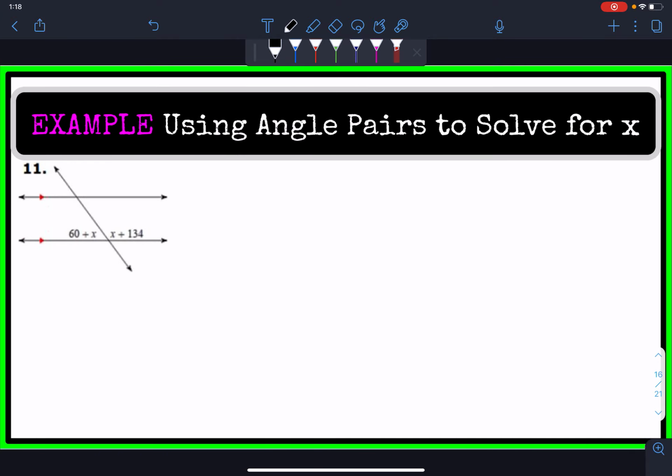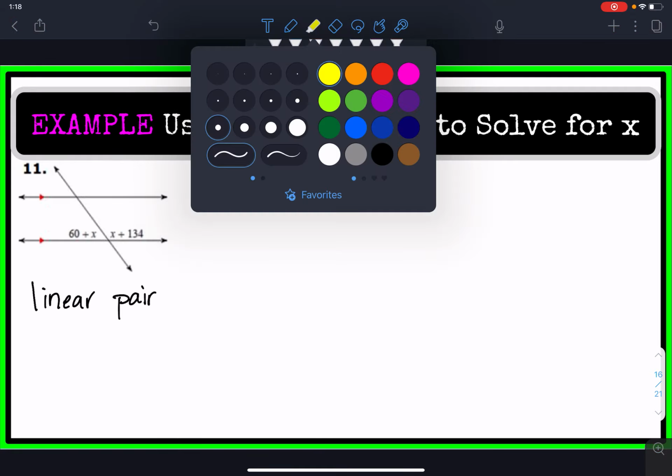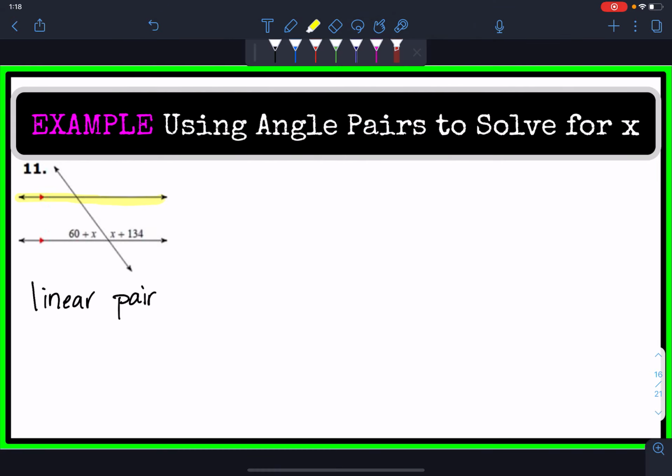For example number 10, this is an example of linear pairs. We have a set of linear pair. Notice that they're both on the inside, but they're not on opposite sides of the transversal, so they're not alternating.